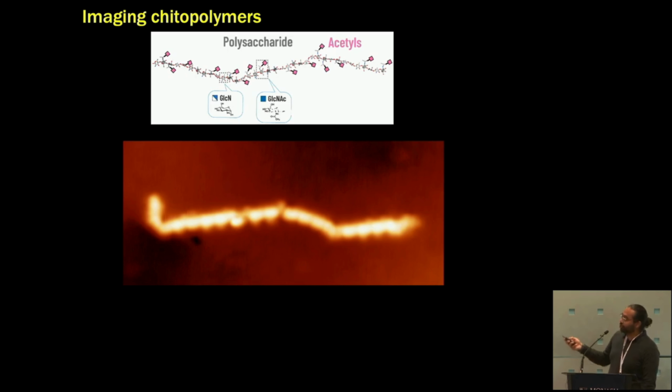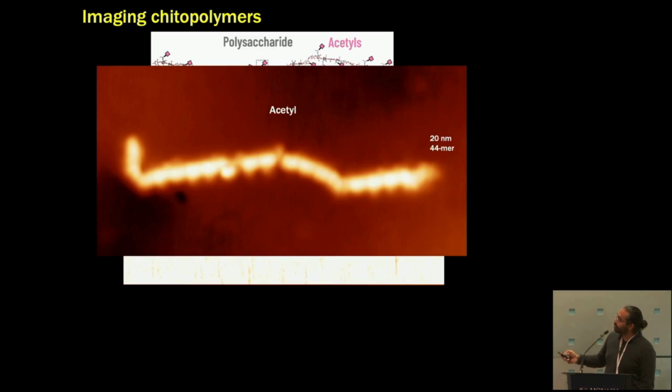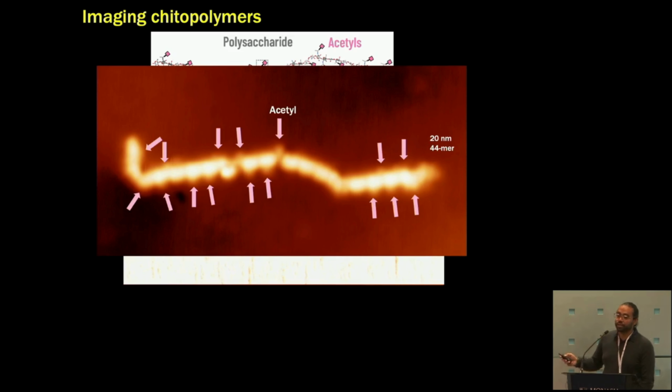Of course, it's very difficult to tell what's going on. We can do some image analysis and filtering, and we can see something like this. If you trace along the polymer, you'll see protrusions going perpendicular to the polymer length, and these are what we identify as our acetyl groups. So we can identify where the acetyl locations are along our polymer, and essentially figure out what the sequence is for such a polymer.